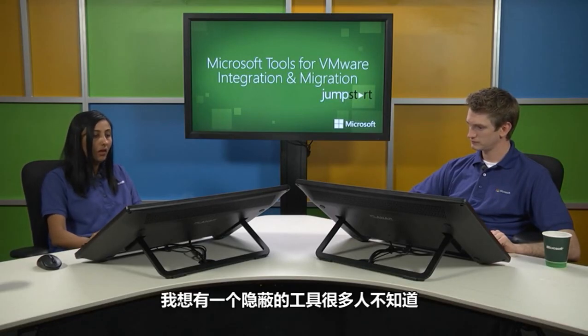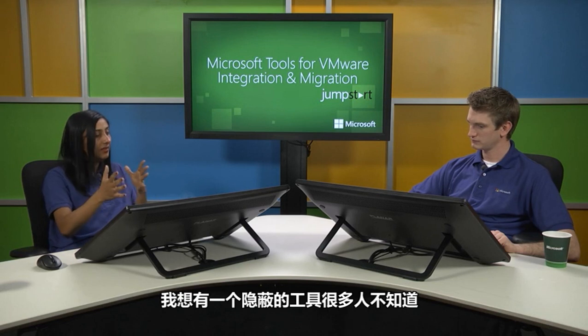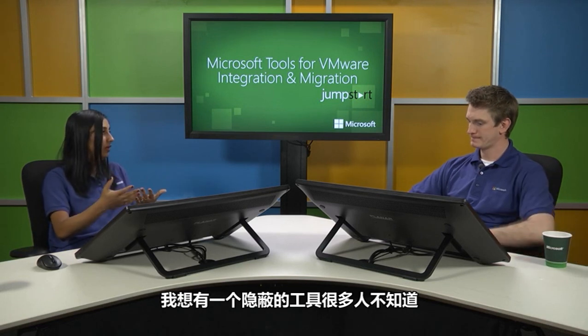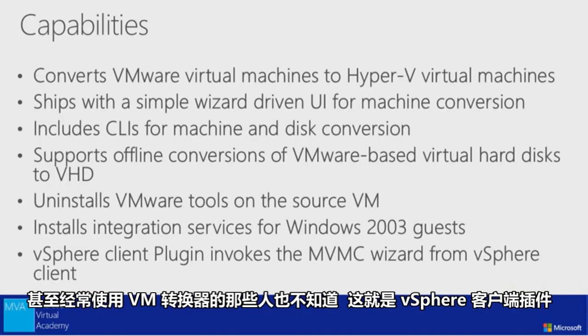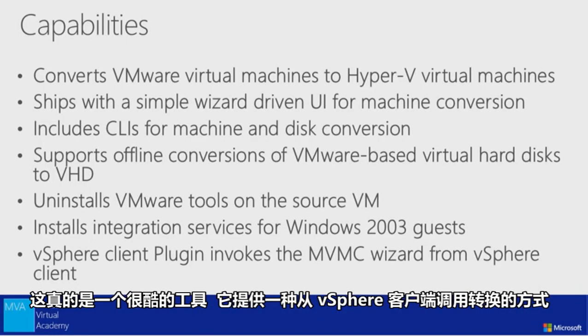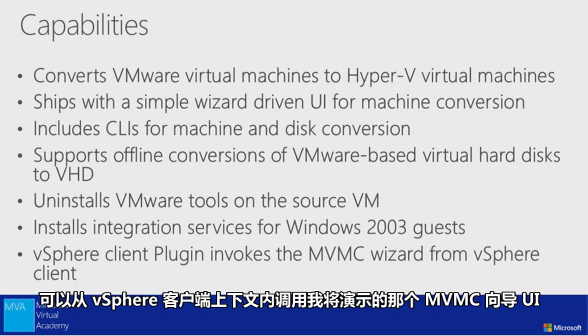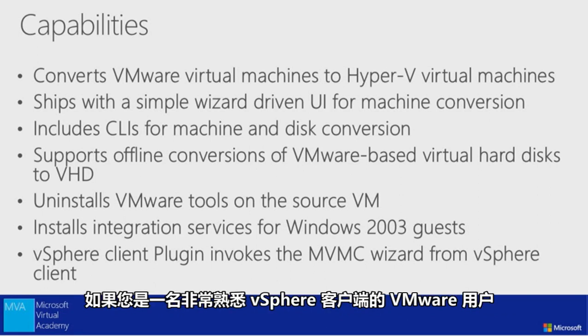I think one hidden thing that a lot of people don't know about, even those who have played with the VM converter, is the vSphere client plugin. It's a really cool utility. It gives you a way to invoke the conversion from the vSphere client. The exact same MVMC wizard UI that I'll be demoing today can be invoked from within the context of the vSphere client.